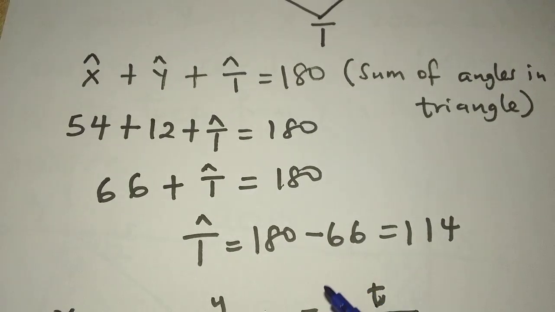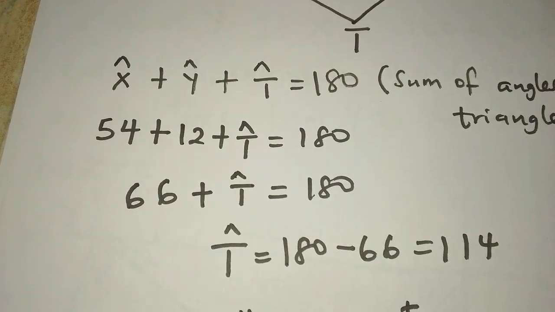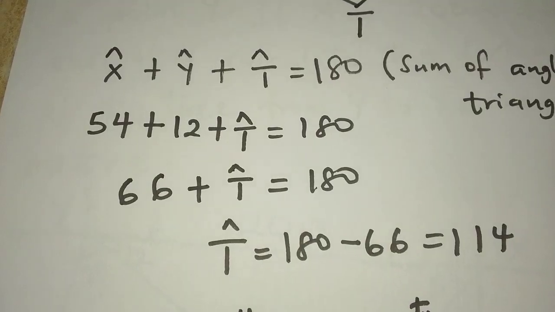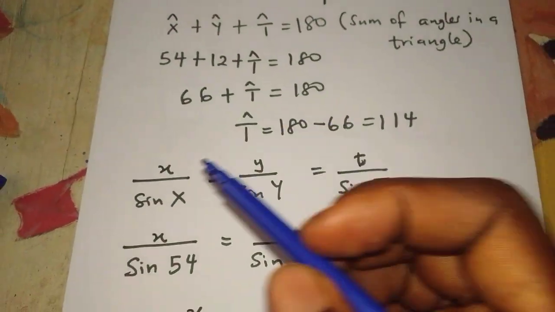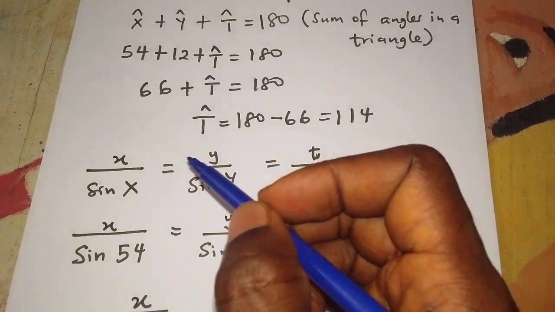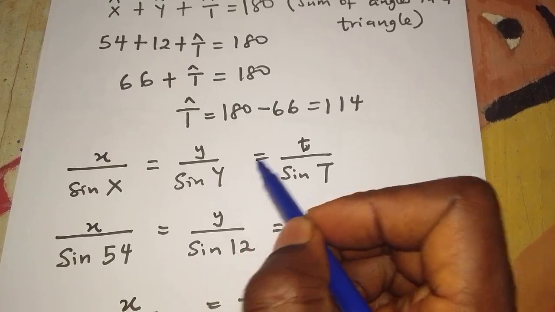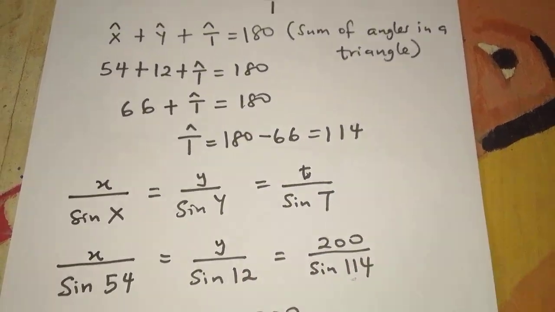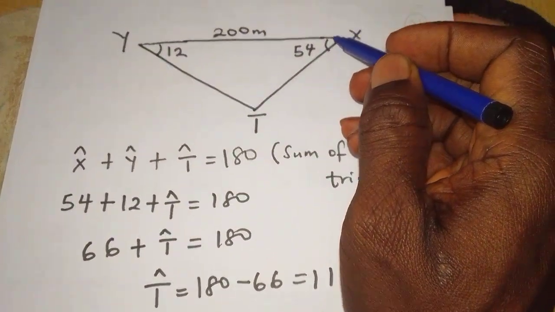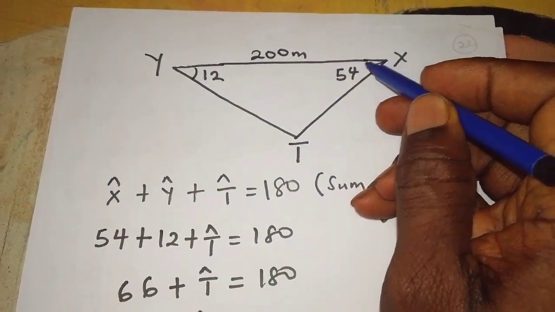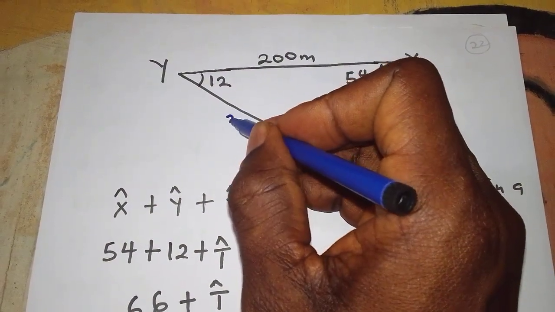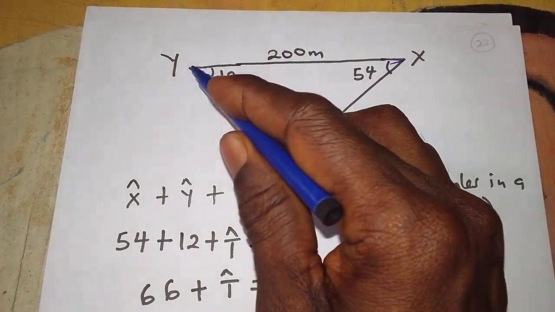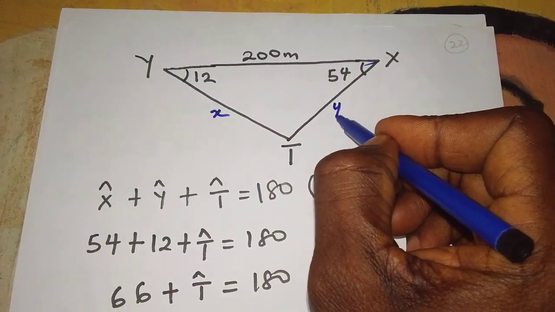Now, we will try to write the sine rule. Since we are having x, y, t as the parameters, you say x over sine x equals y over sine y equals t over sine t. So the side x is the line facing angle x. The side y is the line facing angle y.